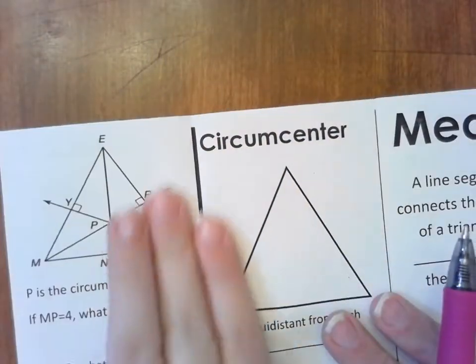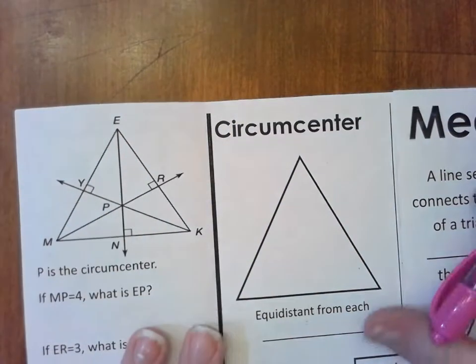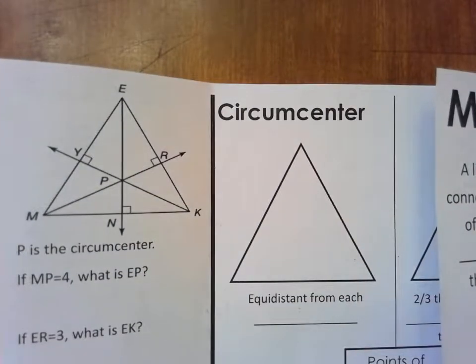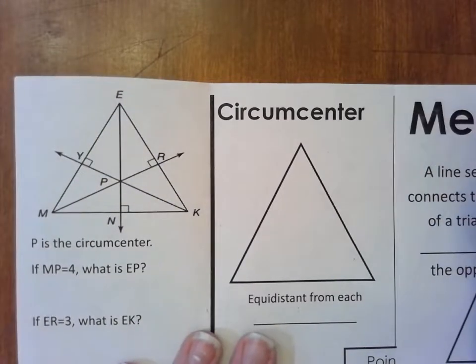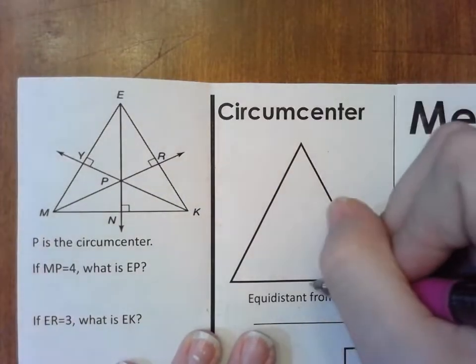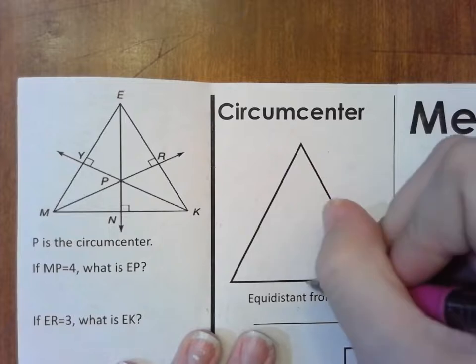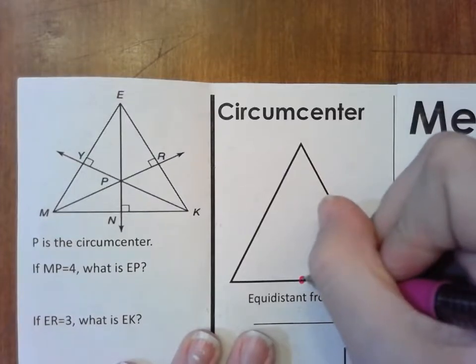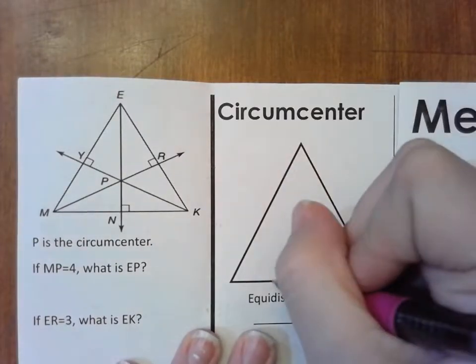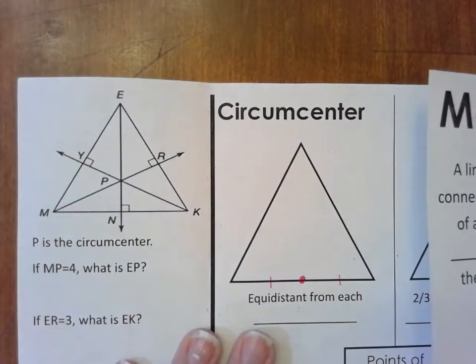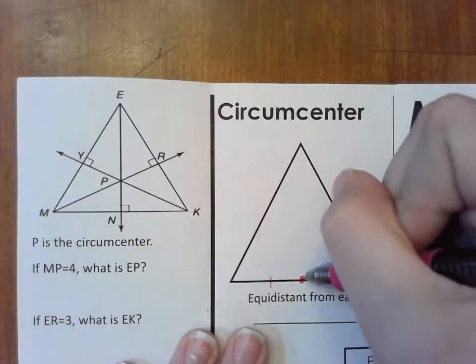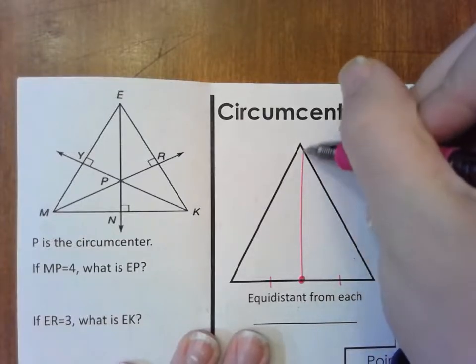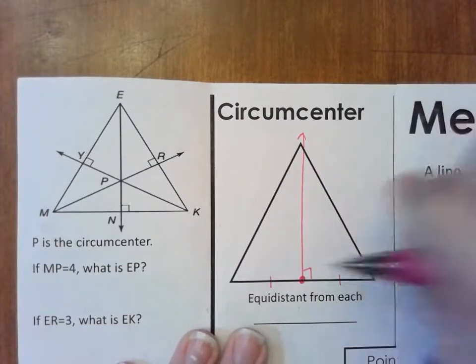Now for every triangle, you can have 3 perpendicular bisectors, and the reason for that is because there's 3 sides to every triangle. So remember, they go through the midpoint of the other side. So if we have a midpoint here, that means these 2 sides are congruent, and our perpendicular bisector goes through the opposite side. So here's our perpendicular bisector right there.